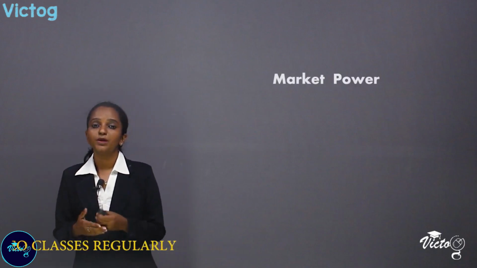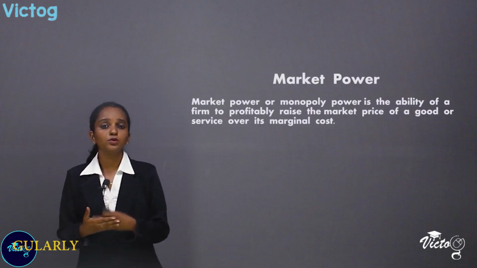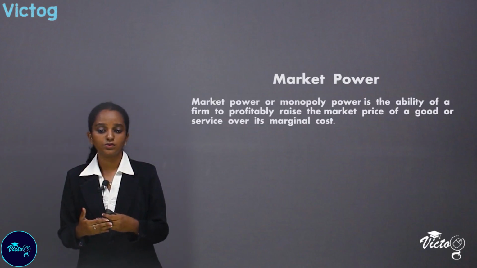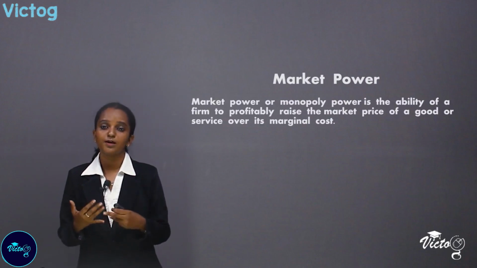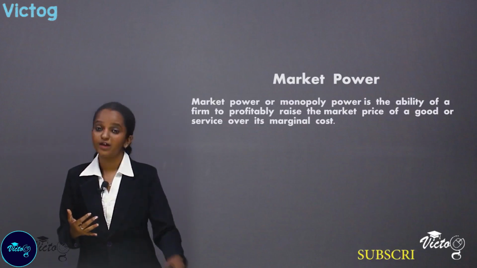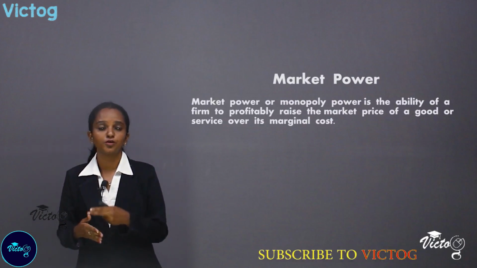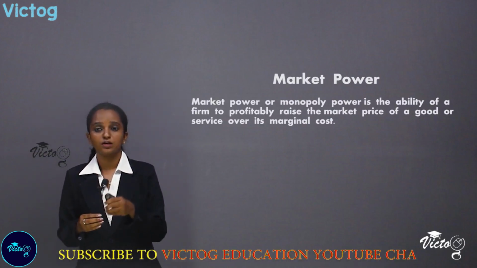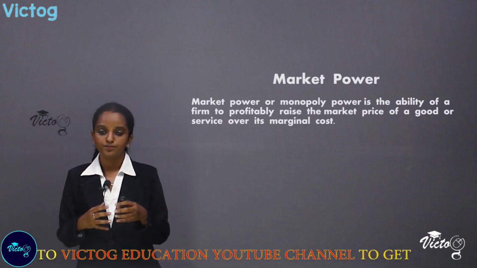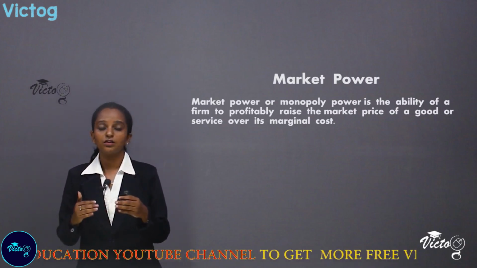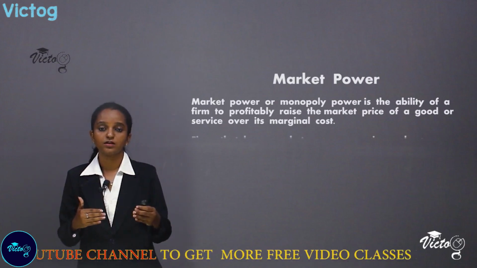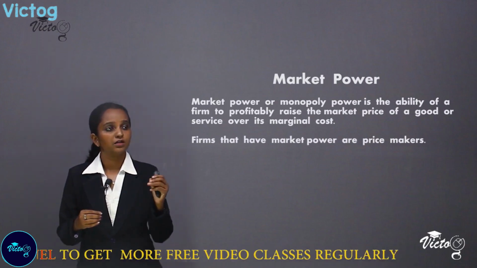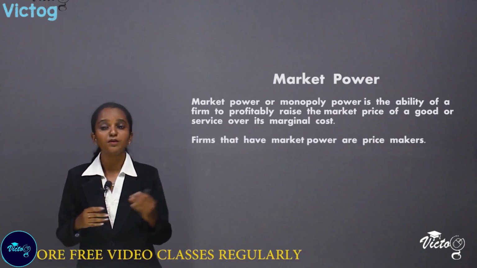So what do you mean by market power? We all know that there exist a lot of varieties of markets in the economy, like perfect competition, monopoly, monopolistic competition, oligopoly, duopoly, etc. In each of the markets, the power centers differ, and the market power will be different.